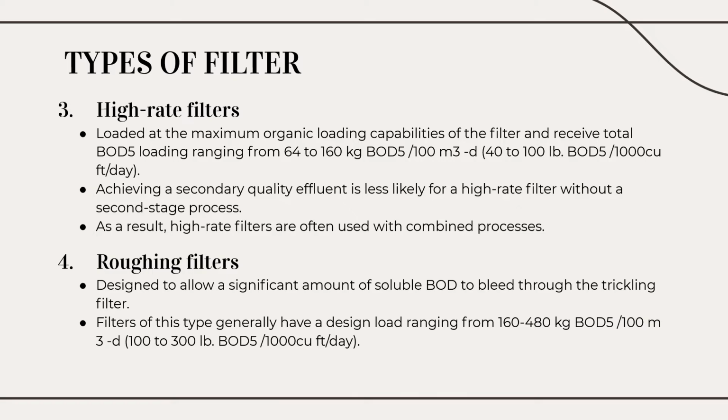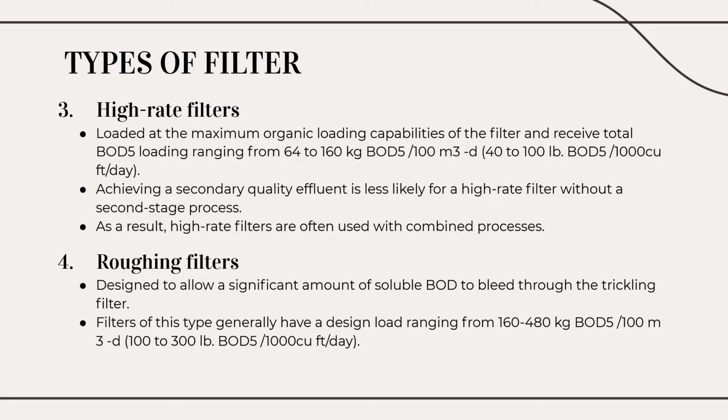It can be loaded at the maximum organic loading capabilities of the filter and receive total 5-day biochemical oxygen demand loading ranging from 64 to 160 kg of 5-day biochemical oxygen demand per 100 cubic meters per day. Using this filter, achieving a secondary quality effluent is less likely to happen without a second stage process.